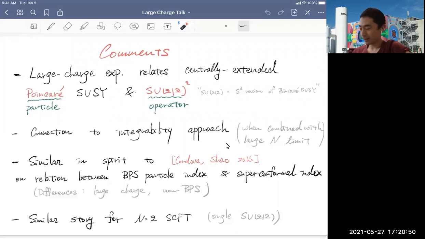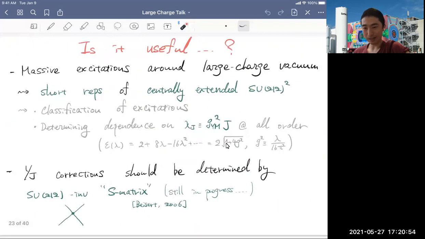This result based on this algebra is less impressive than what people did for large N N=4 super Yang-Mills, because there are basically no other ways to study the spectrum there. But in the double scaling limit of the SU(2) N=4 super Yang-Mills, we can basically use the semi-classics. So in principle you can also get the same result from the semi-classics.